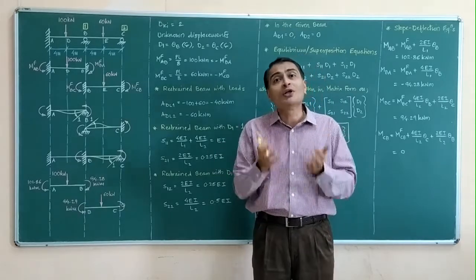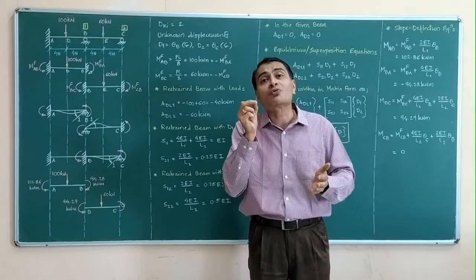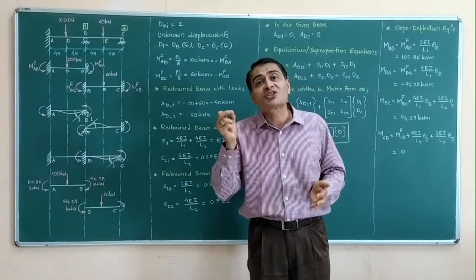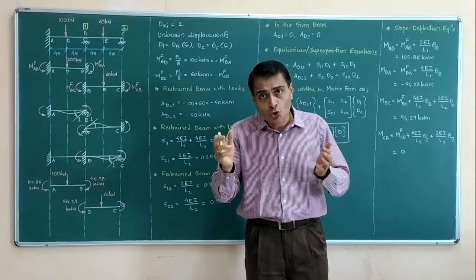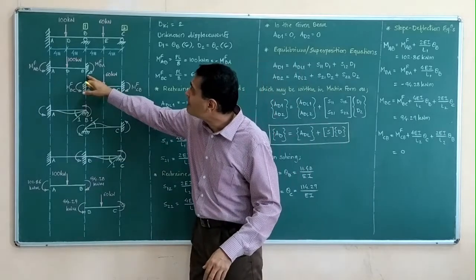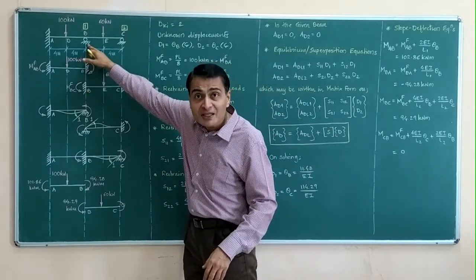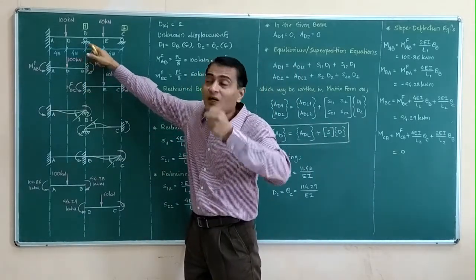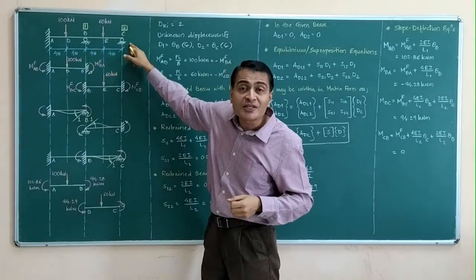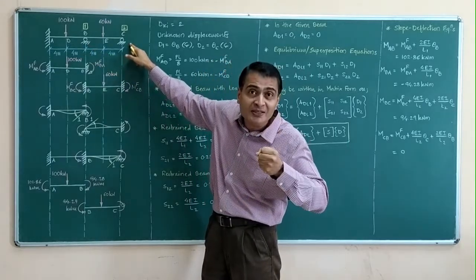And when we give unit rotation, that is when the concept of stiffness, rotational stiffness comes. So, as a first step, I am restraining joint B, thereby stopping that theta B. I am restraining joint C, thereby stopping that theta C.